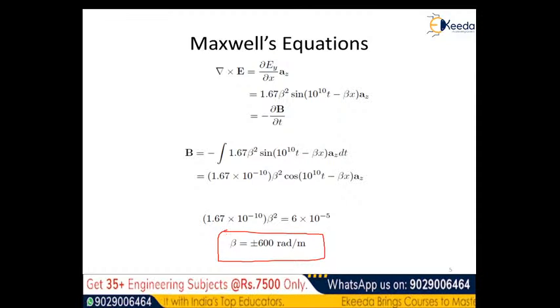So in the problem statement we required the expression for magnetic flux density capital B, then the electric flux density capital D, electric field intensity capital E, and the phase shift constant beta here. So all the four expressions, the values we have obtained here.